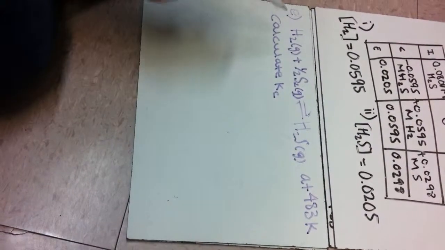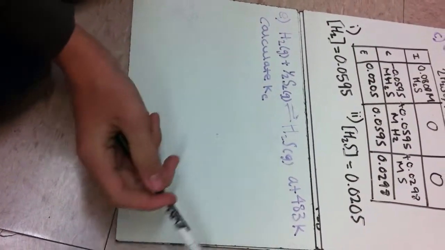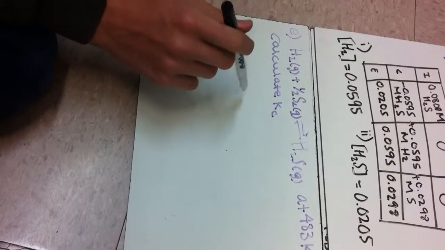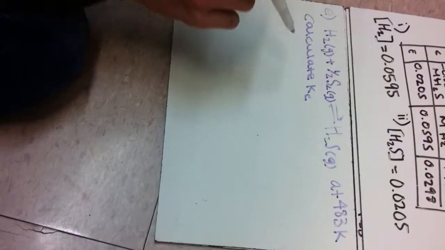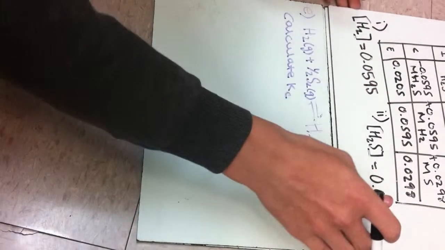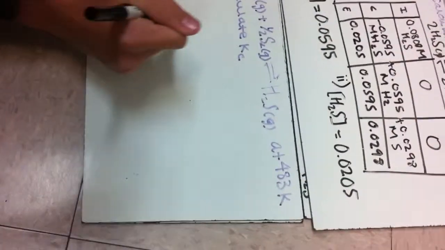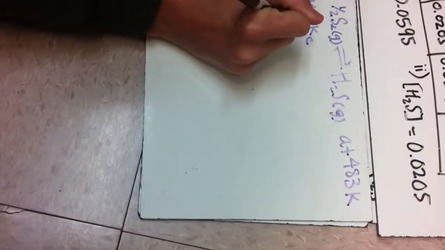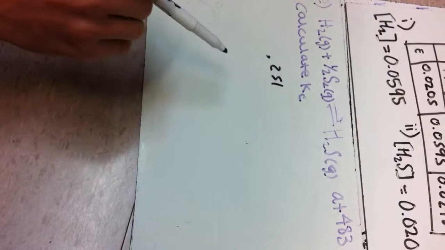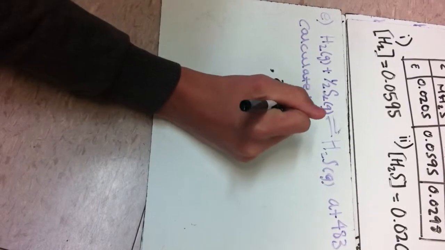Okay, so part E, we're given this equation at 483 Kelvin, so it's the same Kelvin, and you have to calculate the Kc. Since this is 1/2 of the previous reaction given, you need to raise the answer we just previously got, 0.251, the equilibrium constant, to the 1/2 power.